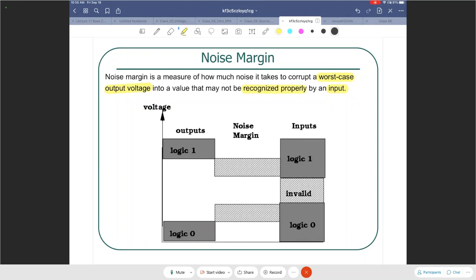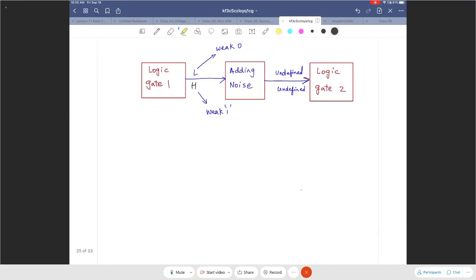So low is being recognized as undefined, or even worse, as high. So that's the motivation. We are trying to say, how much can we tolerate? The answer is, find the noise margin.